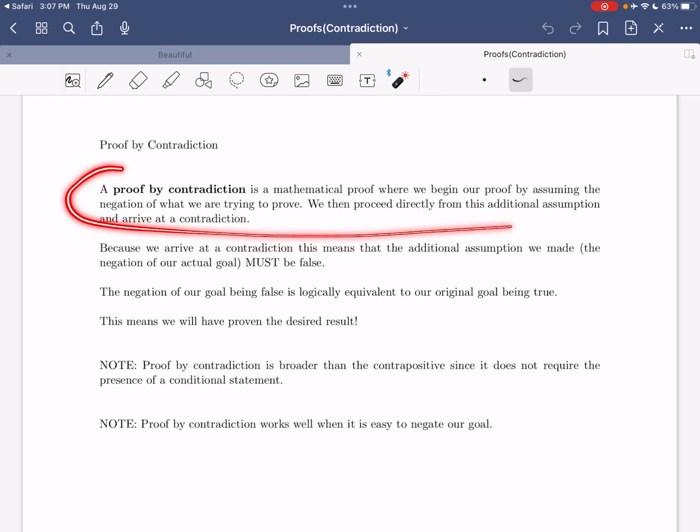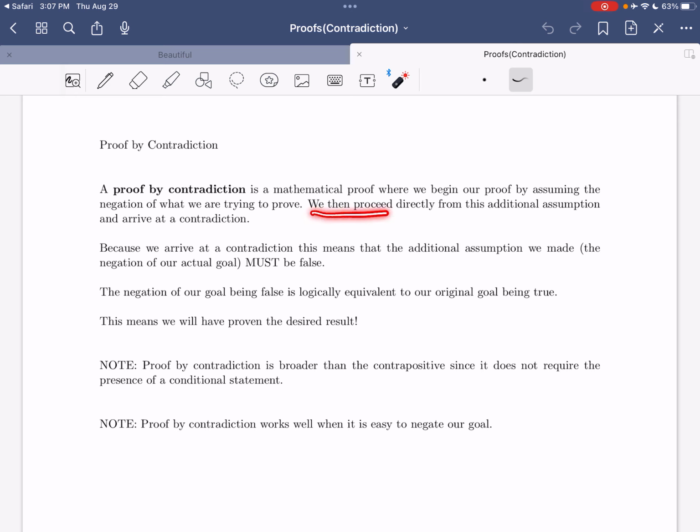So if you attempt a proof by contradiction, the first thing you're going to do is assume the negation of what you're trying to prove. So you have some sort of goal in your mathematical proof, you have what you are trying to prove, and you are going to assume the opposite or the negation of that. So we're going to start from assuming the opposite of what our goal is.